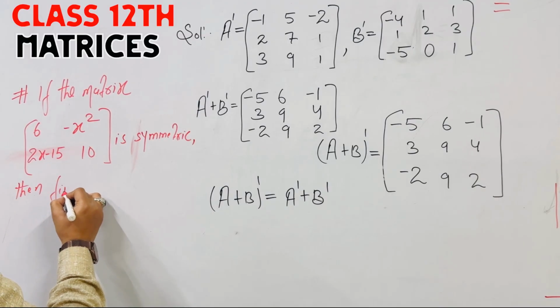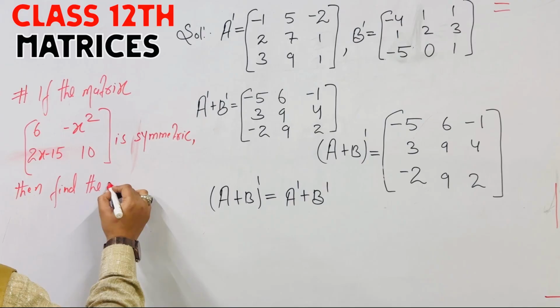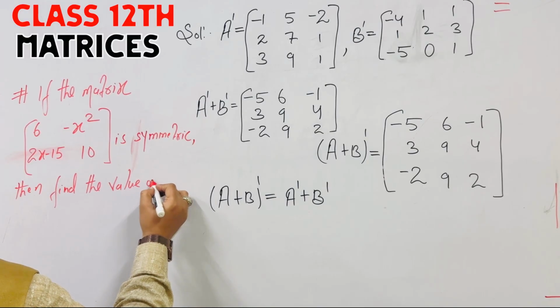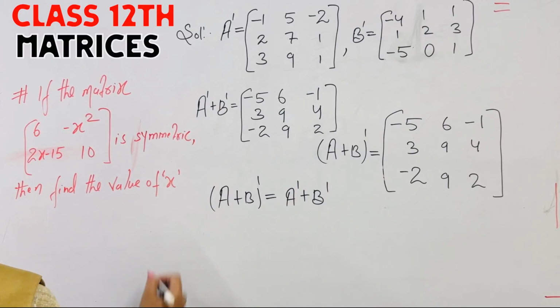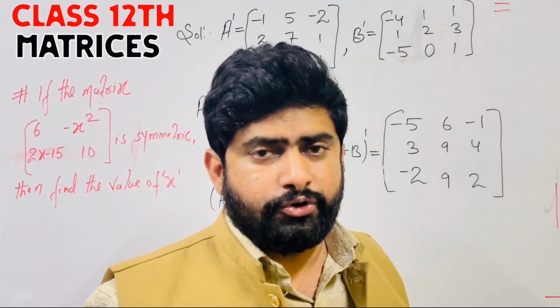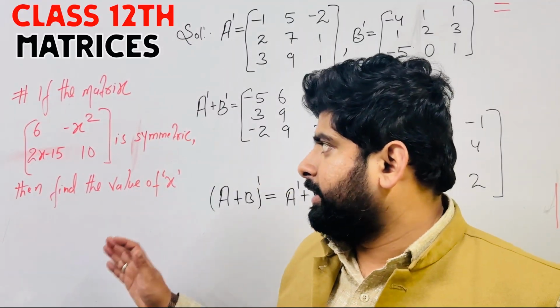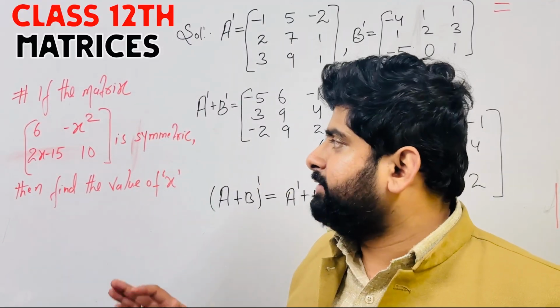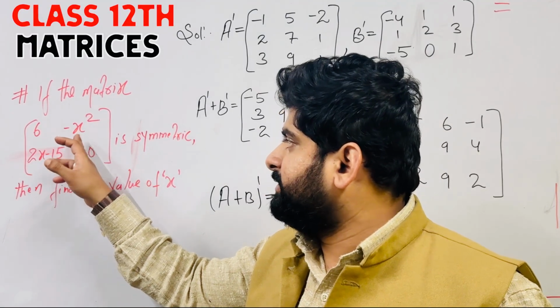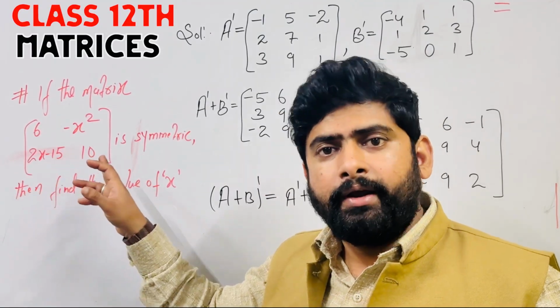Firstly, we have to solve this question. Let this matrix be in the form A, that is, matrix A is equal to 6, minus x square, 2x minus 15, and 10.